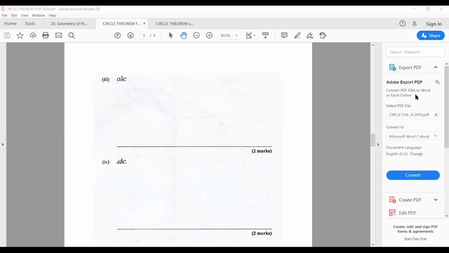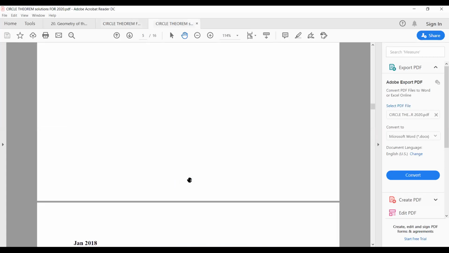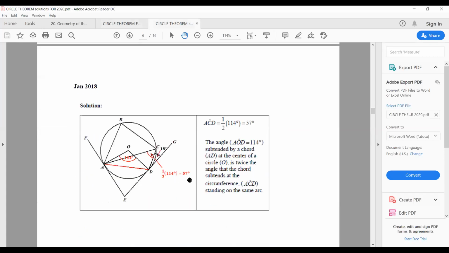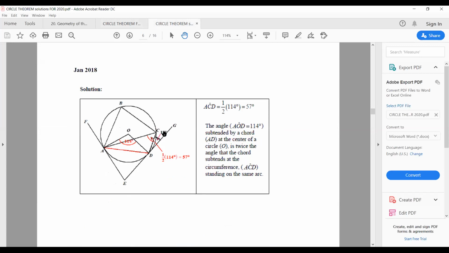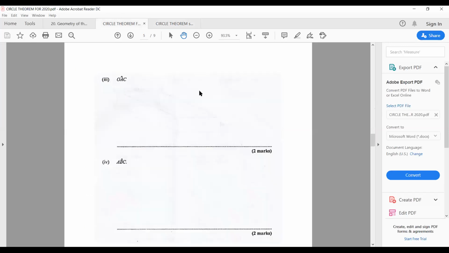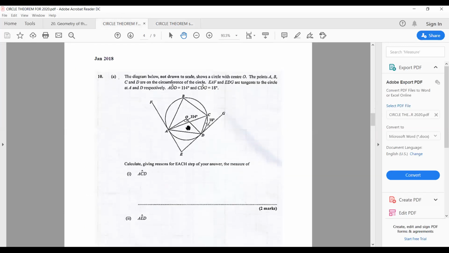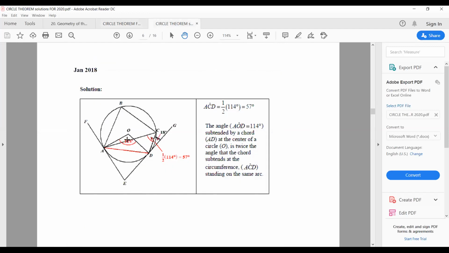Okay, let us correct. Jan 2018, right? So as you all can see here, this here is 114, right? So this is 114 over here.